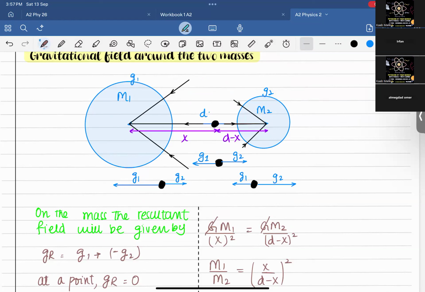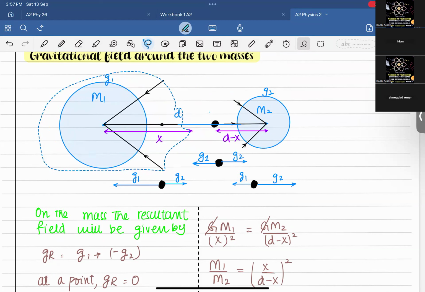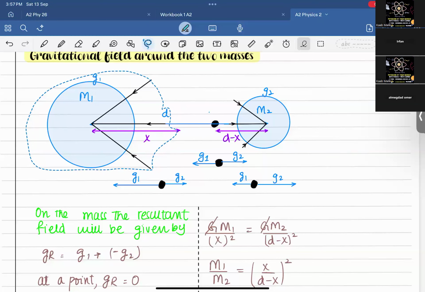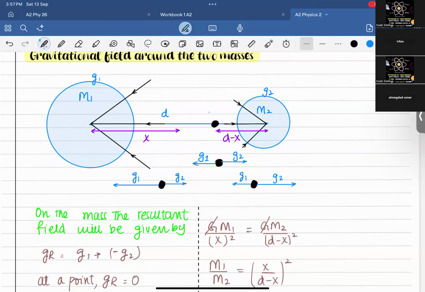Just a second, let me make them separate to help you understand better. Now it will be more clear. And you can just increase this line.